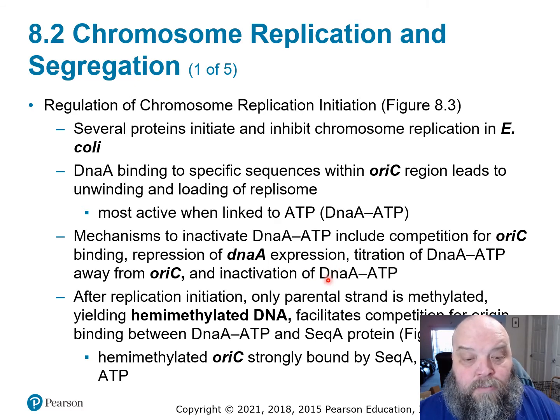If it's capital, like here, DnaA with capital D, capital A, this is the protein product of the gene, lowercase dna, uppercase A. All right, so keep that in mind.